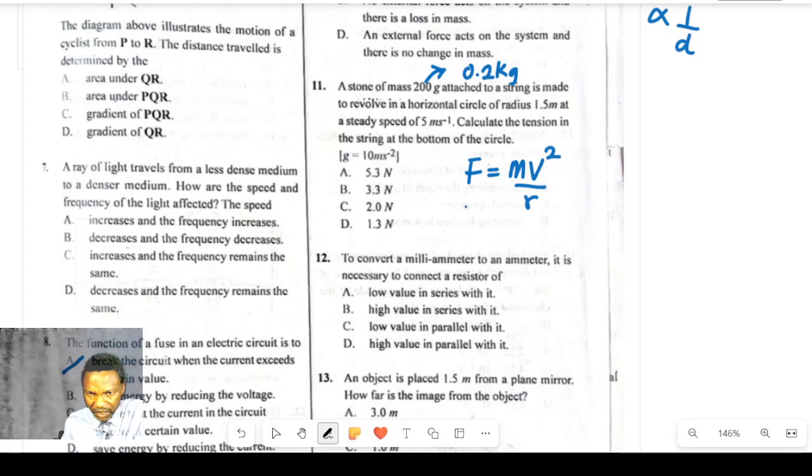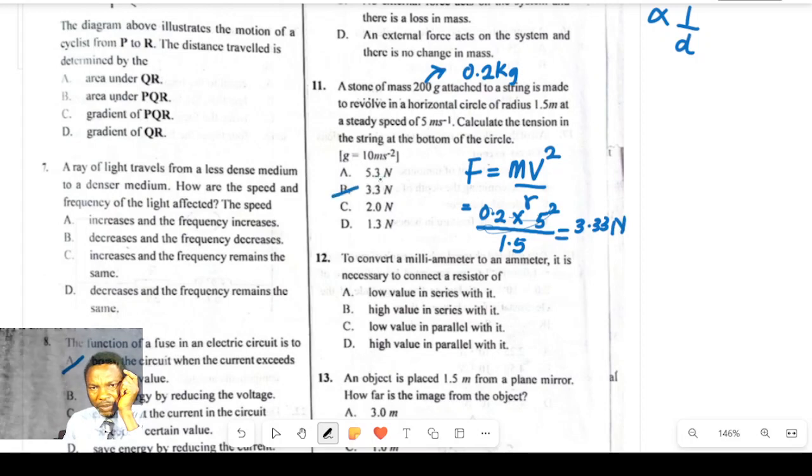So consequently, this is equal to 0.2 times 5 square divided by the radius, which is 1.5. Okay, and that will give 3.3 Newton. So the answer is B.